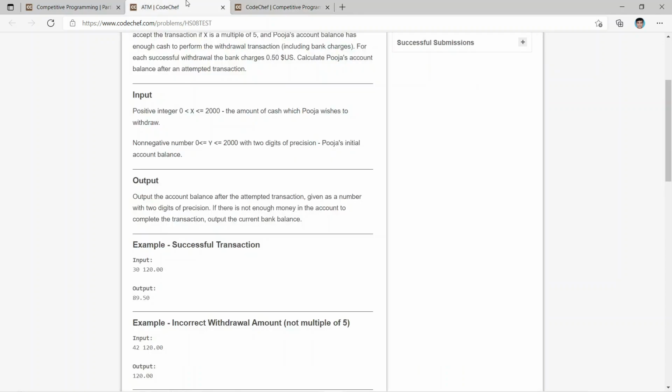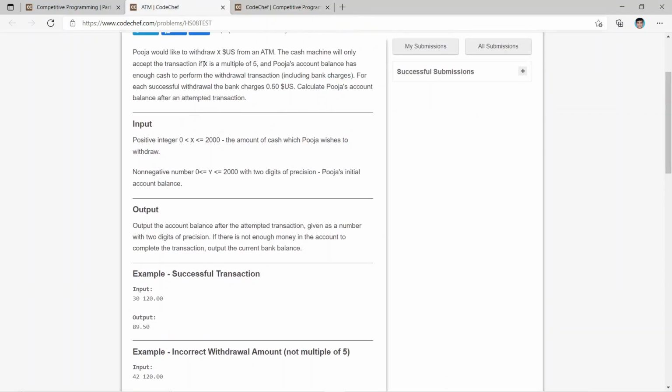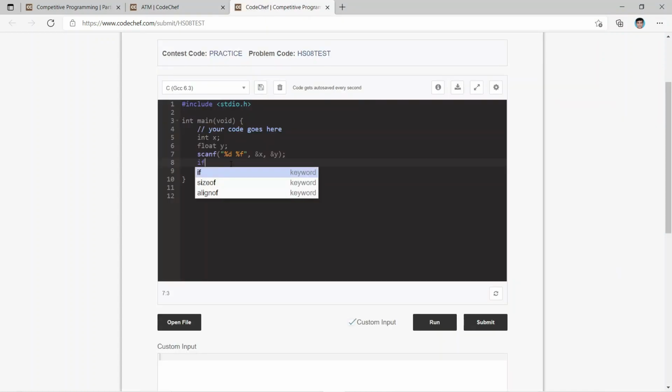The condition given here is that x is a multiple of 5. It was the first condition. So we will check it like x % 5 equal to 0, meaning when we divide x by 5, it gives a remainder 0.